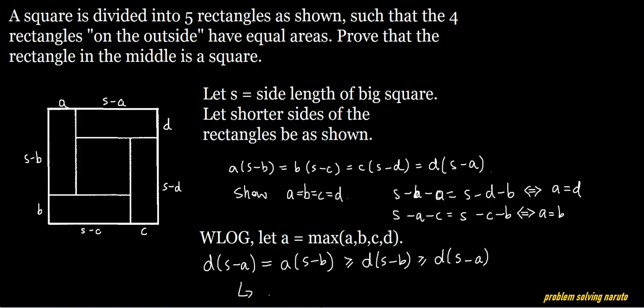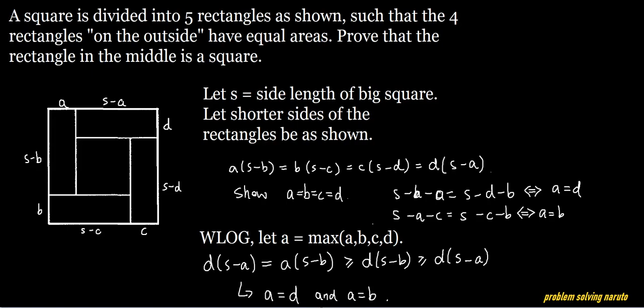So that proves that A is D and A is B. Now we can go on. If this is A, then you can find out C is also A, and that's the solution.